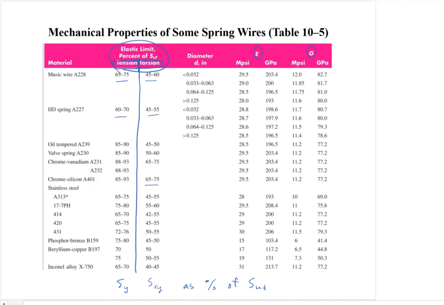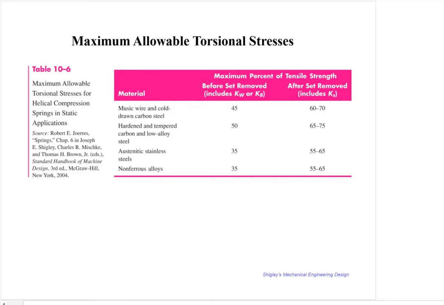There's just some variability in the diameters of these wires, and some variability in materials and processing. So instead of locking it down into an exact percent, they're giving you a range just to let you know. Again, there are also some maximum allowable torsional stresses in table 10.6. They're giving it to you in two ways: before the set is removed and after the set is removed.